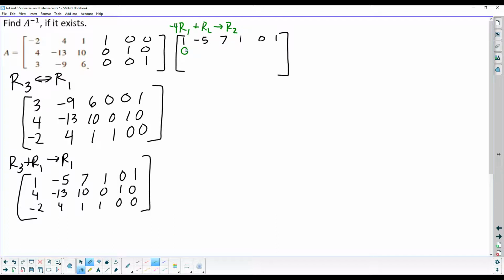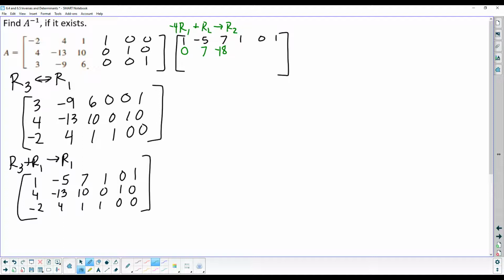-4 times the top row plus the middle row. So -4 times 1 plus 4. So this will be -4 times -5, so that's a 20. Minus 13 gives us 7. This is a -28 plus 10.